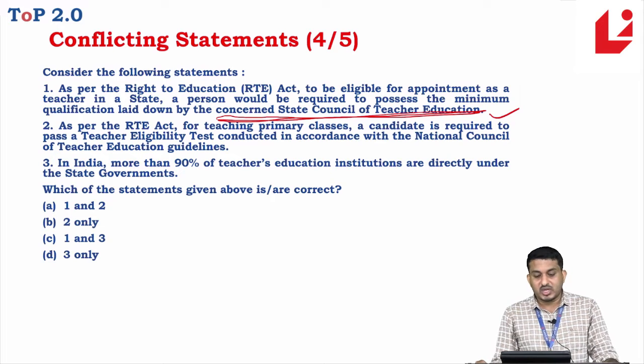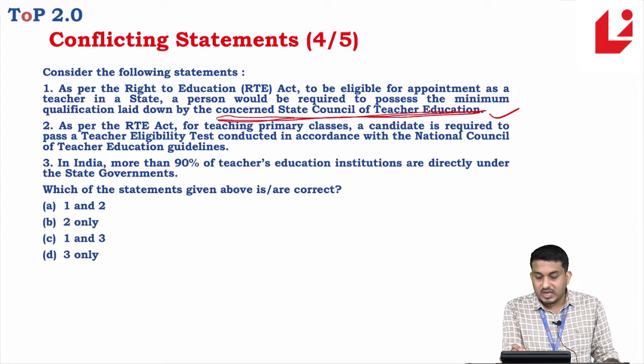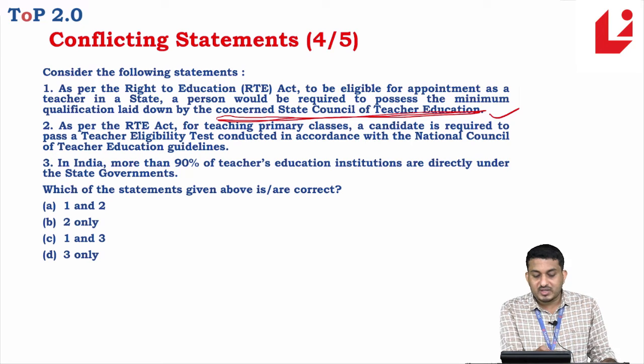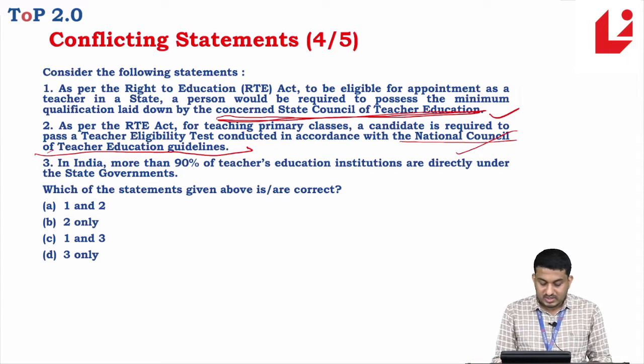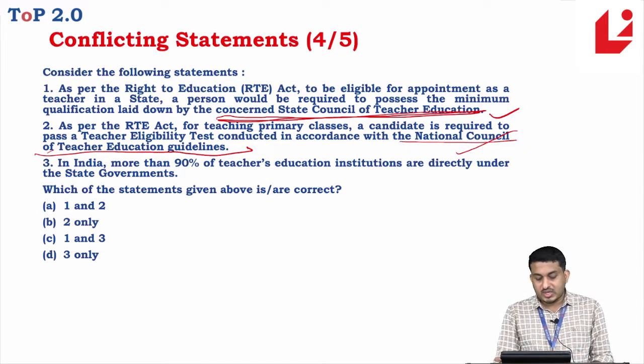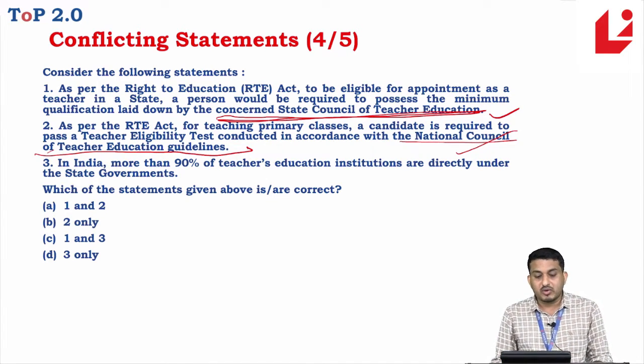As per the Right to Education Act, for teaching primary classes, a candidate is required to pass a teacher eligibility test conducted in accordance with the National Council of Teacher Education guidelines. Now if you compare these two statements, the logic is the qualification is laid down by the concerned State Council of Teacher Education, and the exam is conducted by the National Council of Teacher Education. So that means eligibility is given by one entity, exam conducted by another entity.